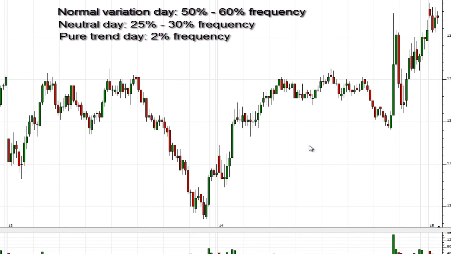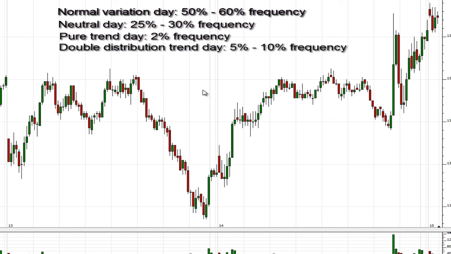Anywhere between, let's say, 5 to 10% of the time, we get the other variation of the trend day, which is not straight movement, but maybe a bit of balancing, then movement, more balancing, then higher, or lower in case of a downtrend, but still at the extremes: we open near the low and close near the high in case of an up move, and open near the high and close near the low in case of a down move. Those generally happen about 5 to 10% of the time.